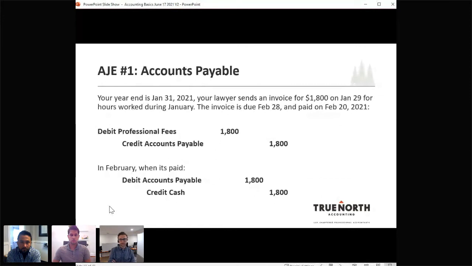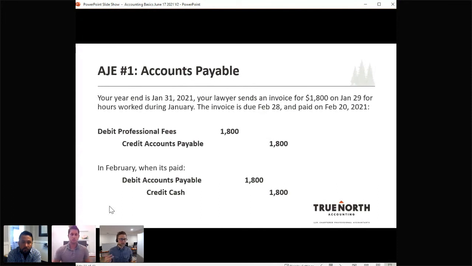So like all these adjusting journal entries are in the format of debit and credit. That's just the two-sided bookkeeping. So the debit would be increasing your professional fees expense for $1,800, and the credit is you're increasing the accounts payable line item on the balance sheet.